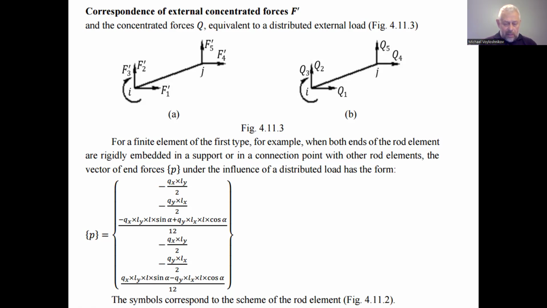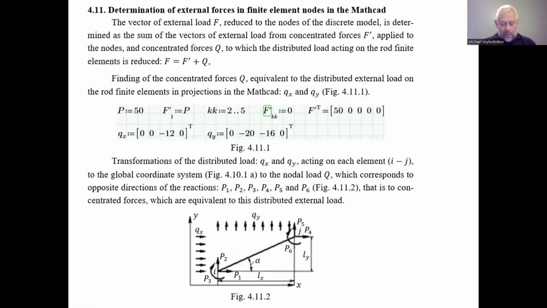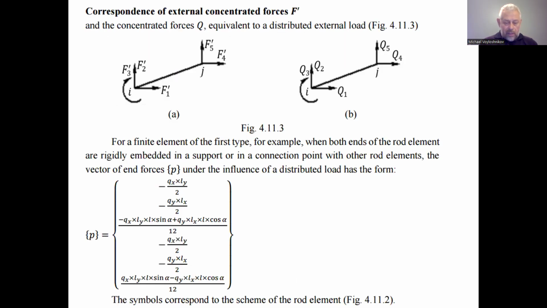Perhaps if we assume this element is embedded by both ends, if this would be the first element, and because we have the bending moment at the end, we assume that perhaps this element is embedded at the end or is rigidly connected by both of the ends.